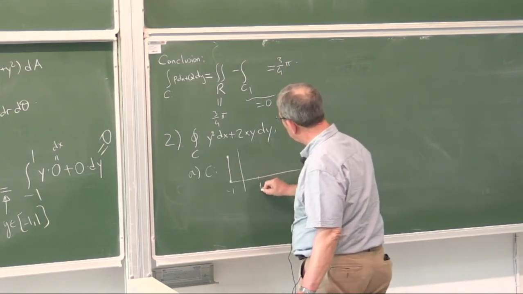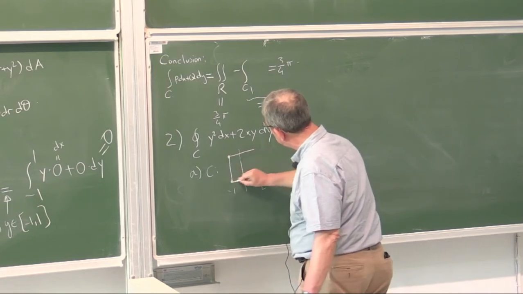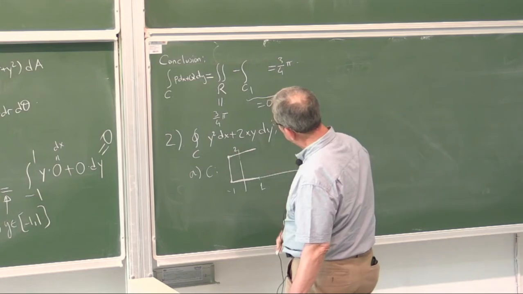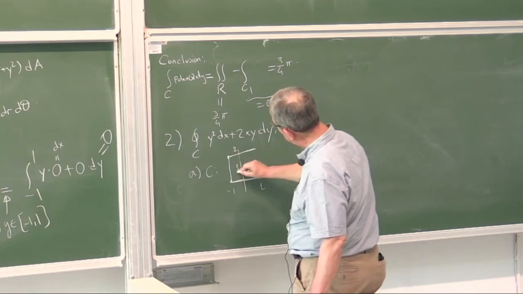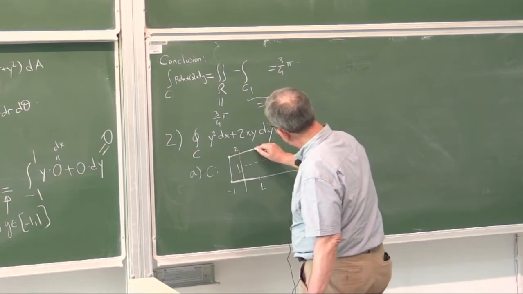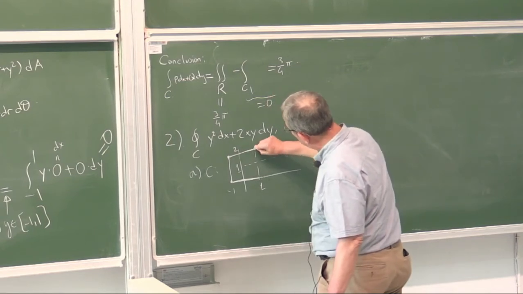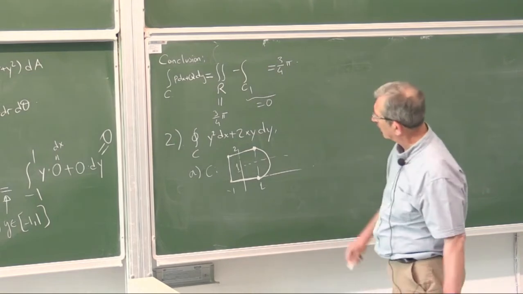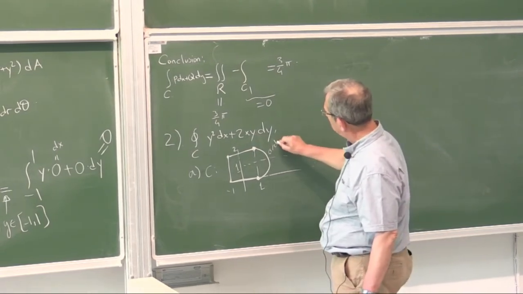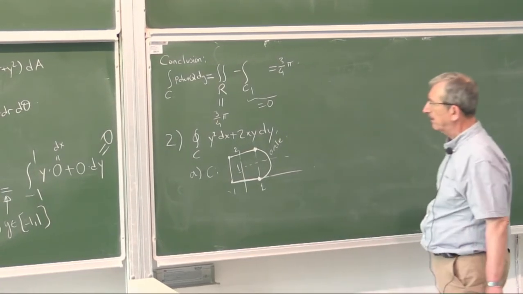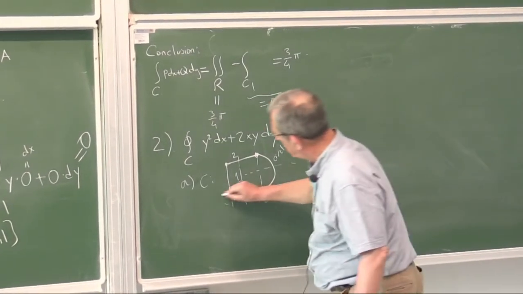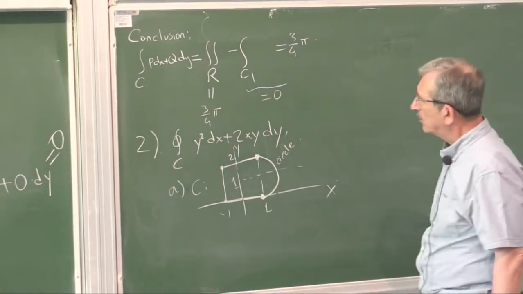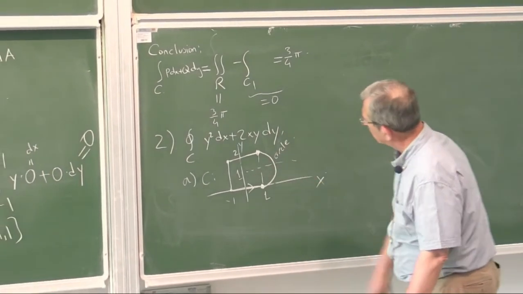Up to 1, we have straight lines. By the way, this is level 2, and this is 1. So here we have a half circle. So counterclockwise oriented, fine.